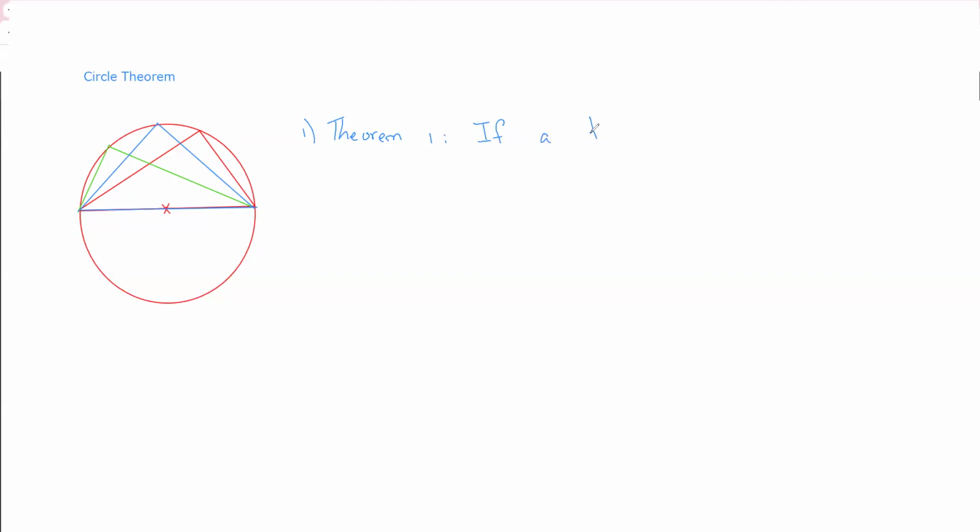If a triangle sits on the diameter, which is the line going through the center, the angle at the circumference will be 90 degrees.